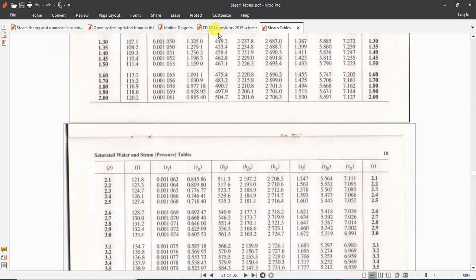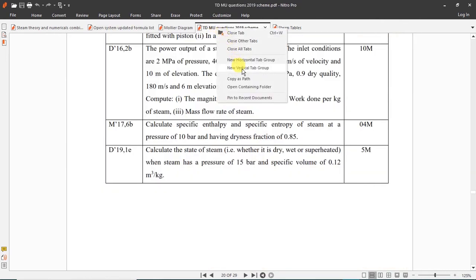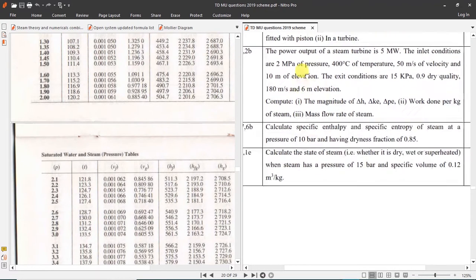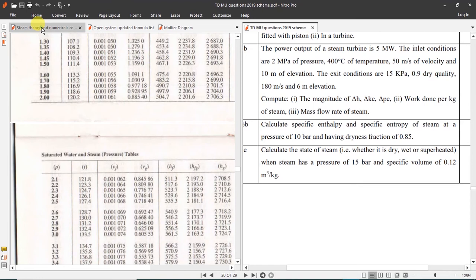Steady flow energy equation, but we will consider steam. Okay, so this is the question. We'll open the solution part now.